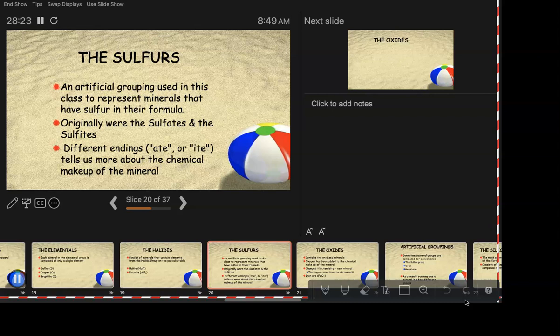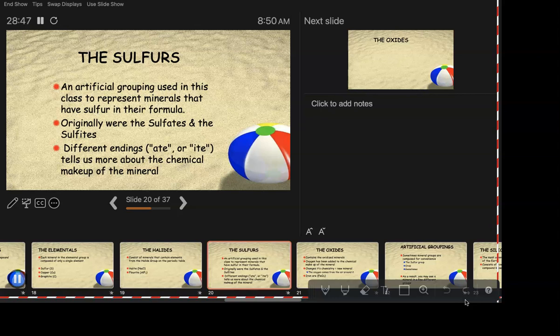For our purposes, not necessarily so important. So we lump anything that has the element sulfur in it, regardless of how many oxygens are next to it. We lump everything into the sulfur group. With one exception. Sulfur.